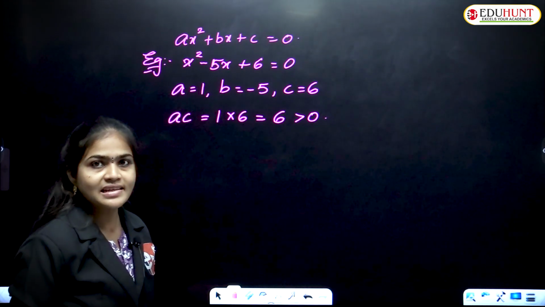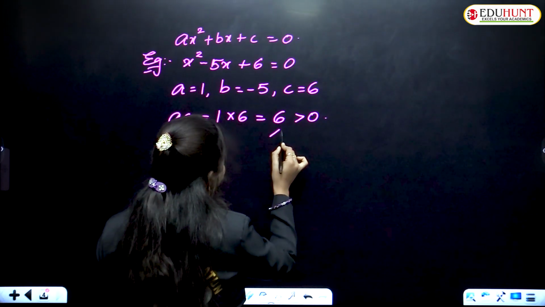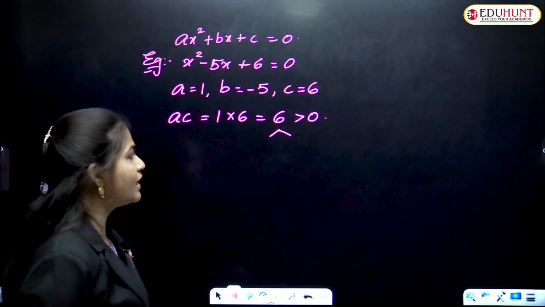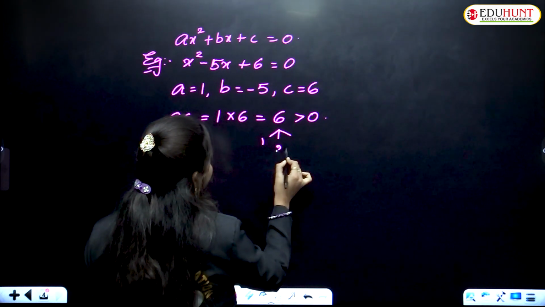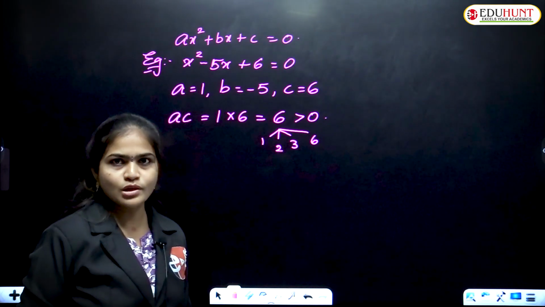Greater than 0 means we write the factors of 6. What are the factors of 6 here? 1, 2, 3, 6. These are the factors of 6.